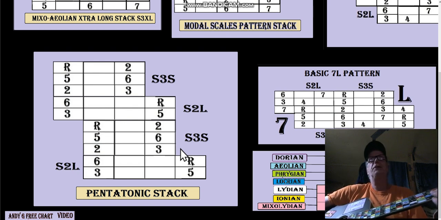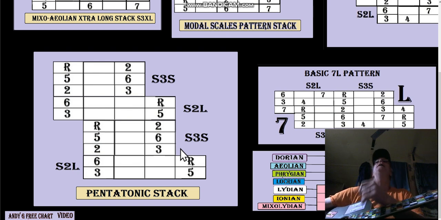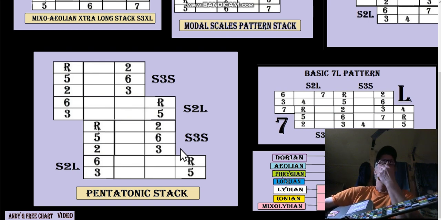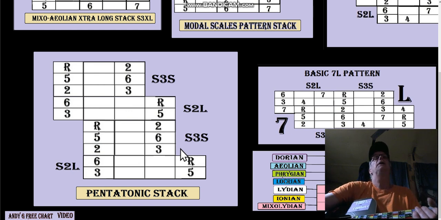That's because this fifth string is only a third from the fourth string from the bottom, so you have to go up one fret to get the same note. That's why when we got to the R2, we had to move it up. We had to warp it up like that.